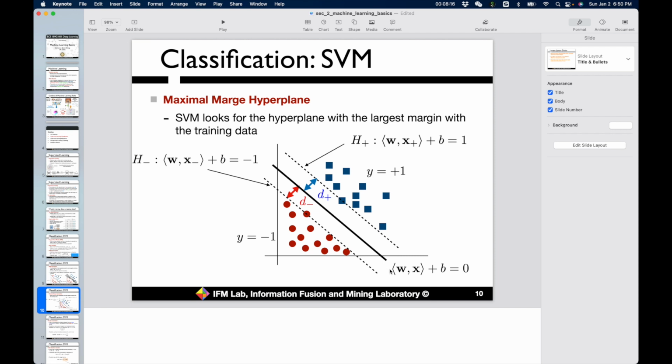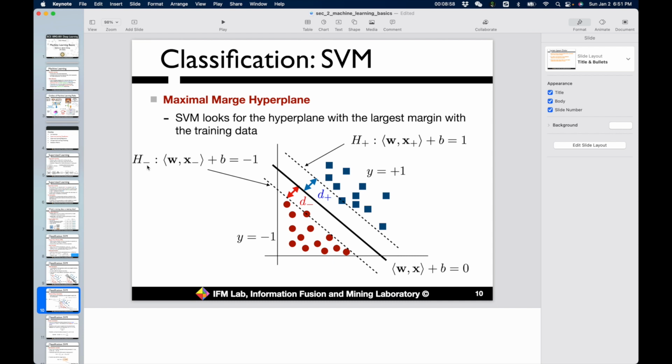Besides this line, we can always draw some parallel lines to this one, right? We can push one parallel line towards the negative instances, and another parallel line towards the positive instances, until the line touches some data instances. Now this line touches this point, this line touches this point, right? And we can define this line to be the hyperplane.